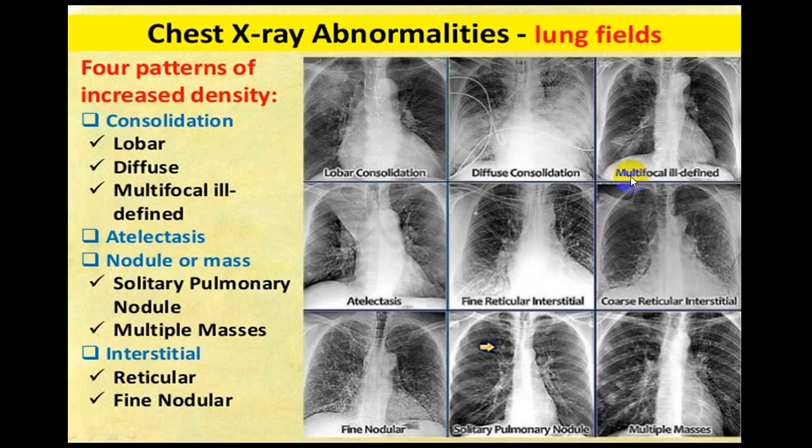This is multifocal ill-defined shadow but not producing silhouette sign. This is again a reticular shadow. This is multiple mass. You can see multiple mass but not producing a silhouette sign. So look whether it is producing silhouette sign or not.